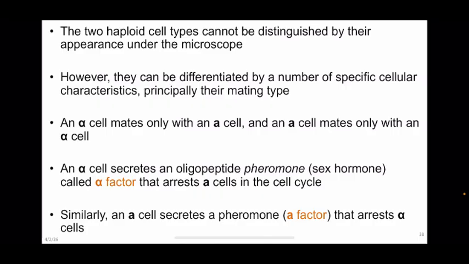It is these pheromones that arrest the opposite cell mate in the cell cycle so that mating can occur. Same thing applies to the A cell: if A wants to mate, it secretes a pheromone, A factor, that arrests an alpha cell in the cell cycle so that mating can occur.